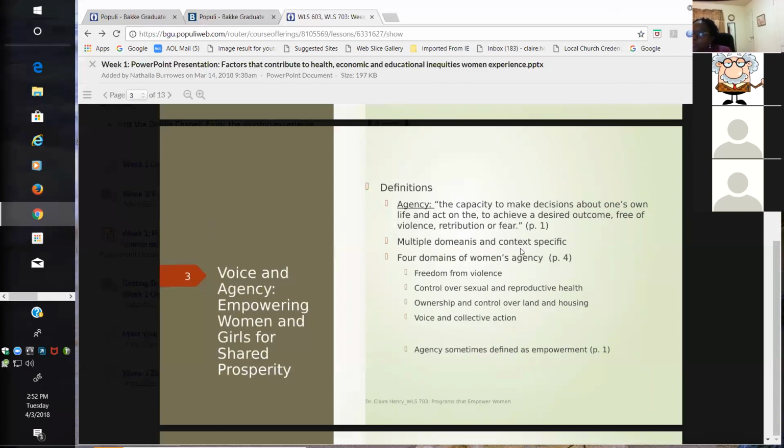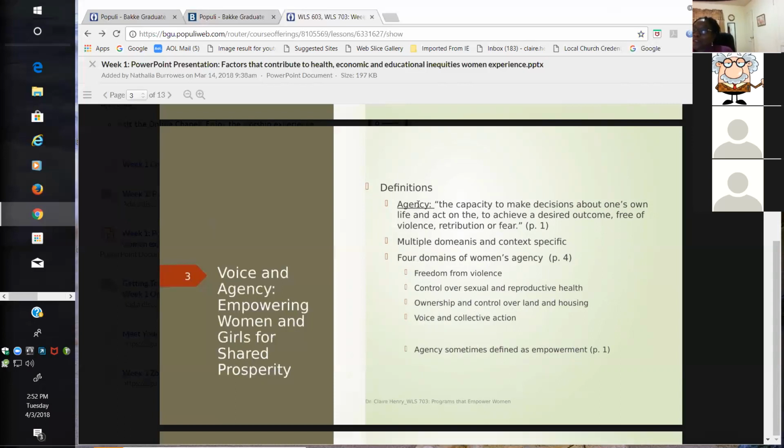There are multiple domains and context specific. For example, the four domains of women's agency are freedom from violence, control over sexual and reproductive health, ownership and control over land and housing, and voice and collective action. Agency is sometimes empowerment.